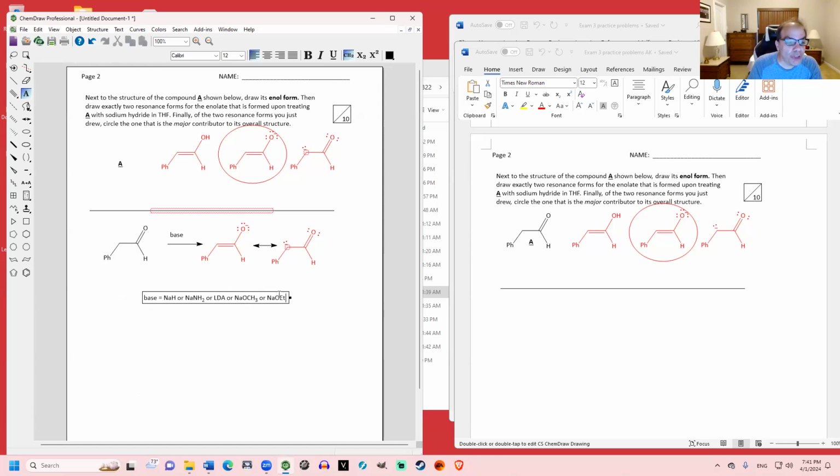So I expect you to know all of these as bases that you might be given, which when you see them are to indicate to you that they will pull off one of the protons next to a carbonyl. Any of those bases will do. They will pull off one of those acidic protons. And we already went over the mechanism.